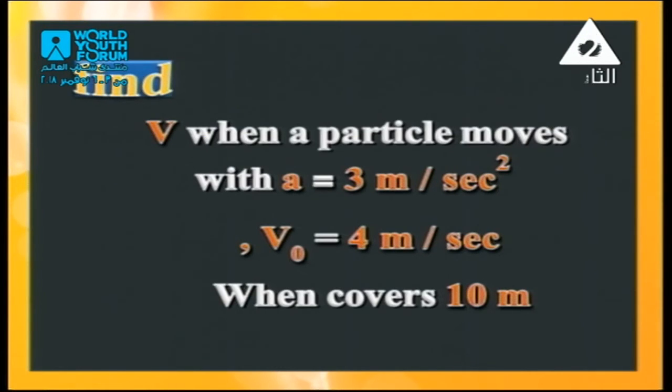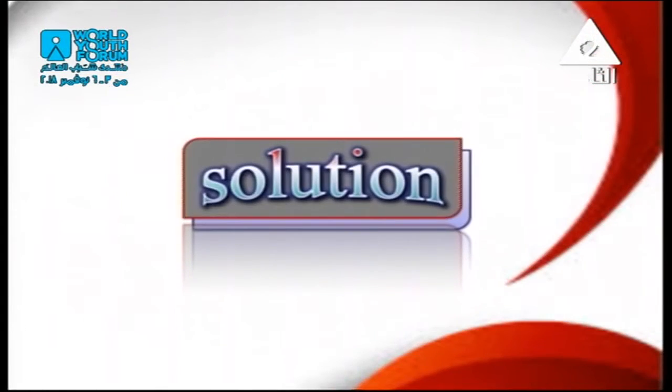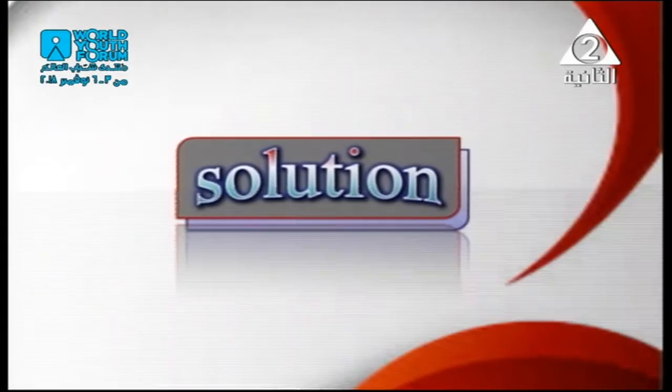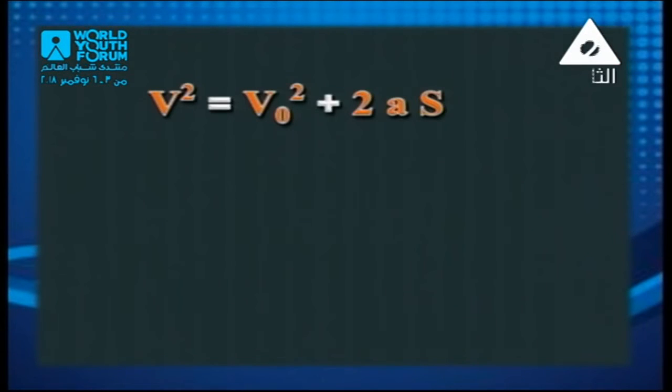What is the suitable rule to find the final velocity? Look at the solution. The suitable rule, my dear student, is the third rule, v square equals v naught square plus 2as. Why? Because we have three givens: v naught, acceleration a and the distance.